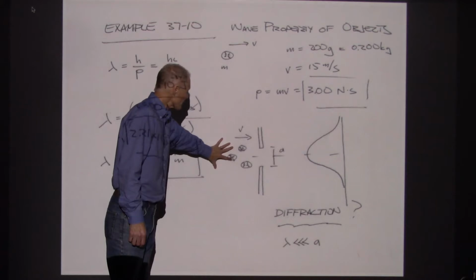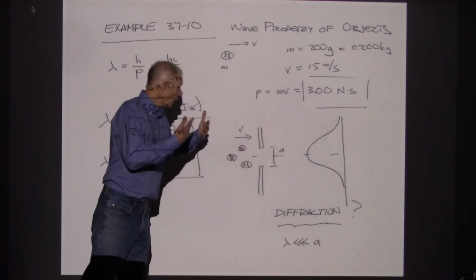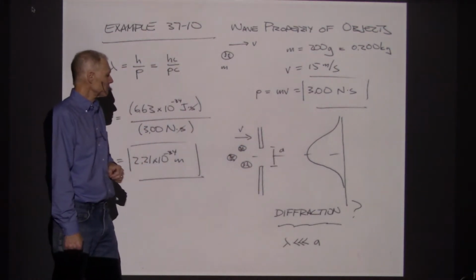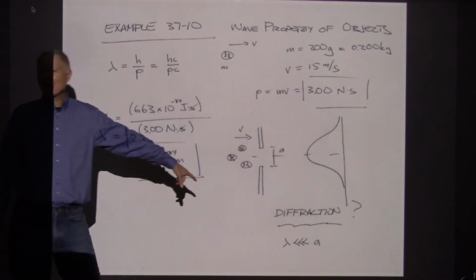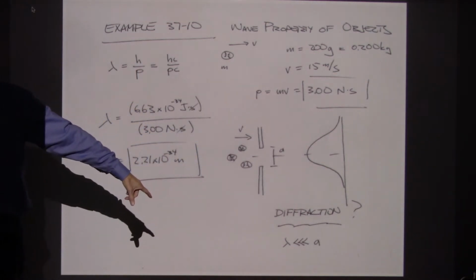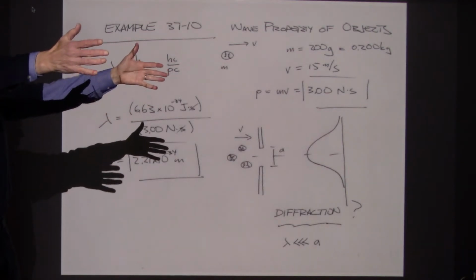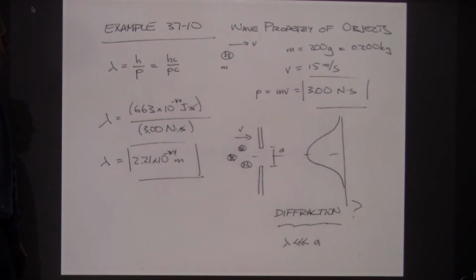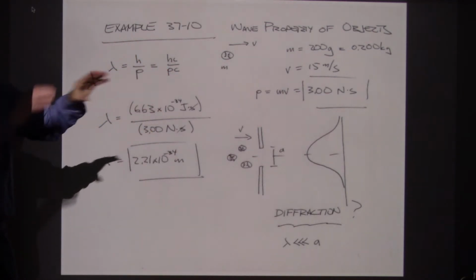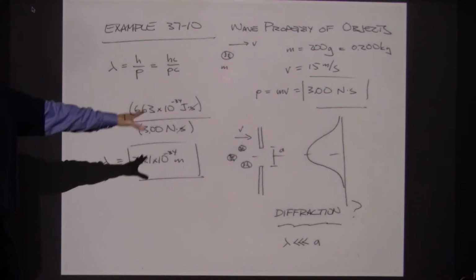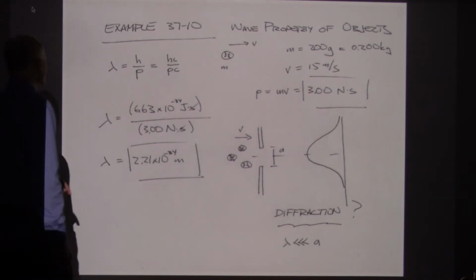Here's a bunch of baseballs coming in. Here is an opening, and so we're going to say, would baseballs really create a diffraction pattern? If we throw a bunch of baseballs through a slit of a certain width, could we create a diffraction pattern? Could we have baseballs that just spread across the screen? Well, let's take a look and see.